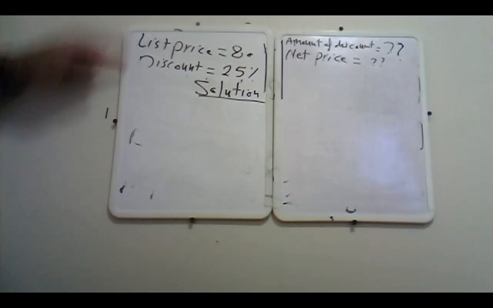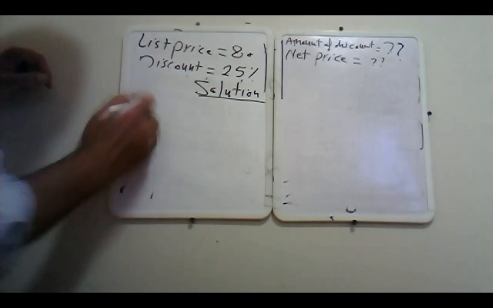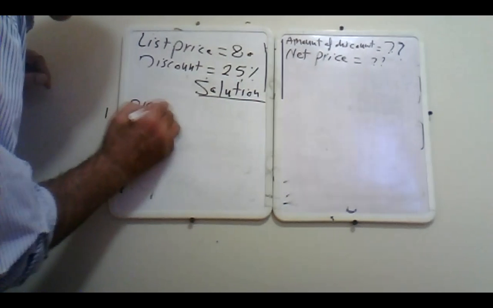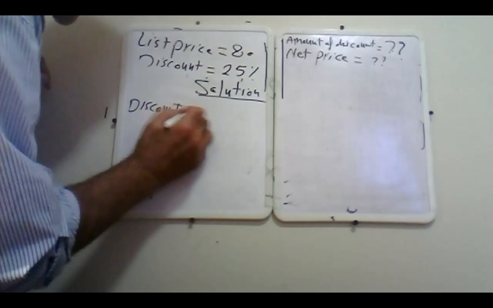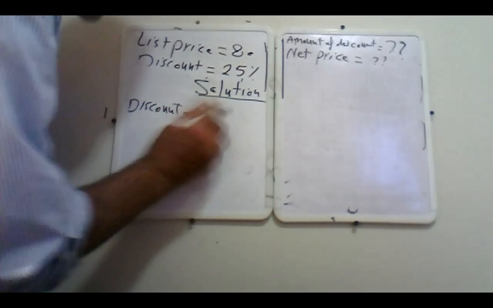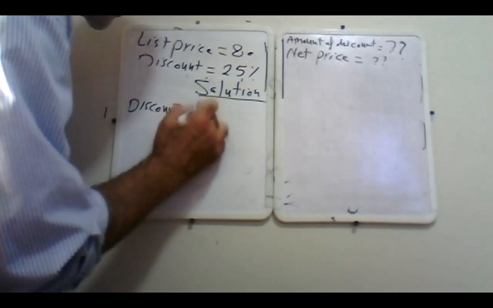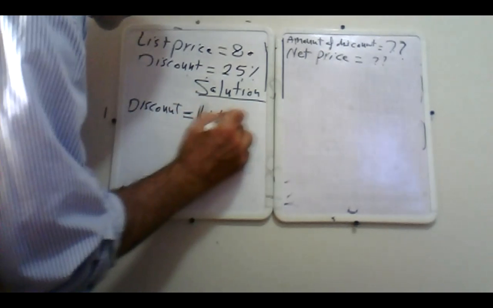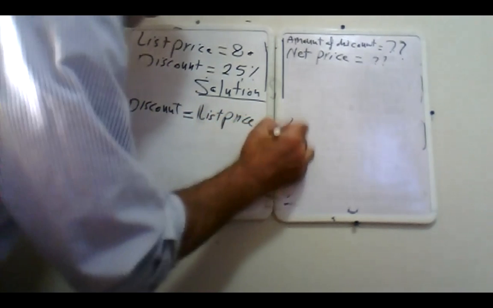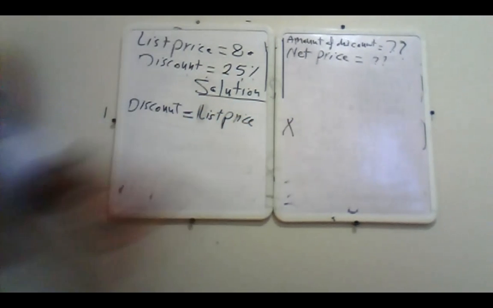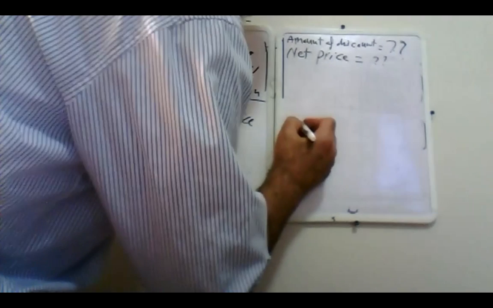Okay, now first I will get the discount. Discount equals the rate of the list price by the discount rate.